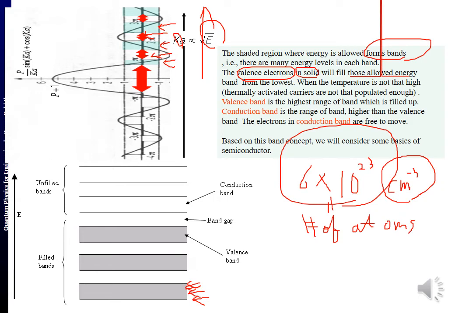So let's presume that each atom donates one electron from the valence orbit. Then this will be almost the same as the number of mobile electrons. Okay. Roughly speaking.